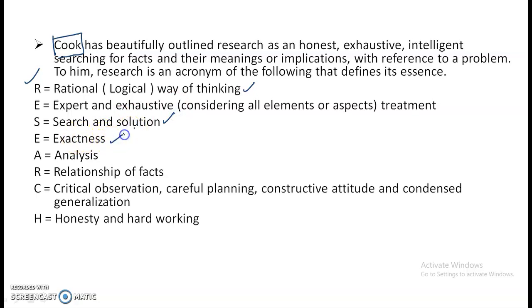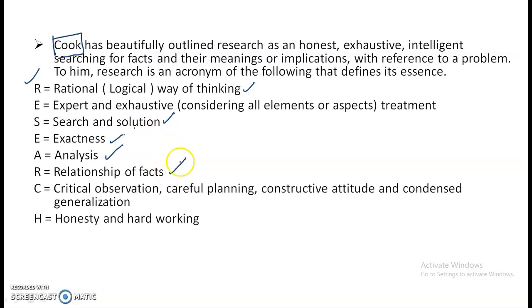And E stands for exactness. That means whatever the solution or the methodology you are taking, that must be exactly apt to your mentioned research problem. And A stands for the analysis. That means you have to do the analysis properly for whatever data you collected or whatever information you collected from the respondents.